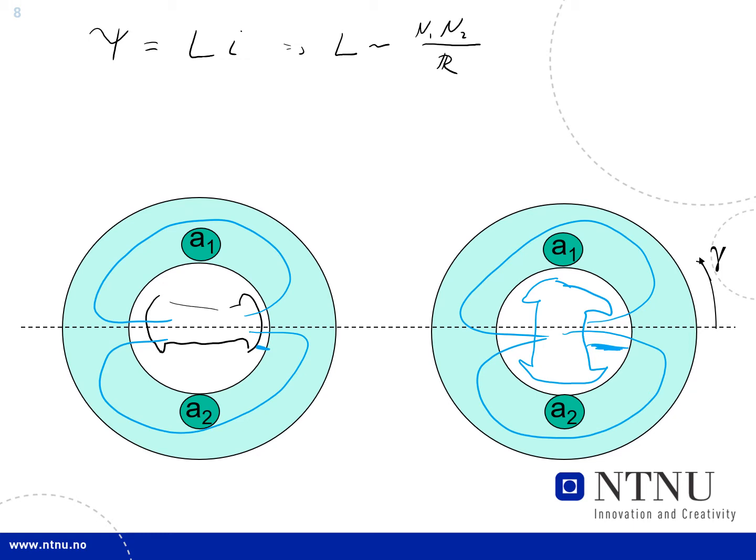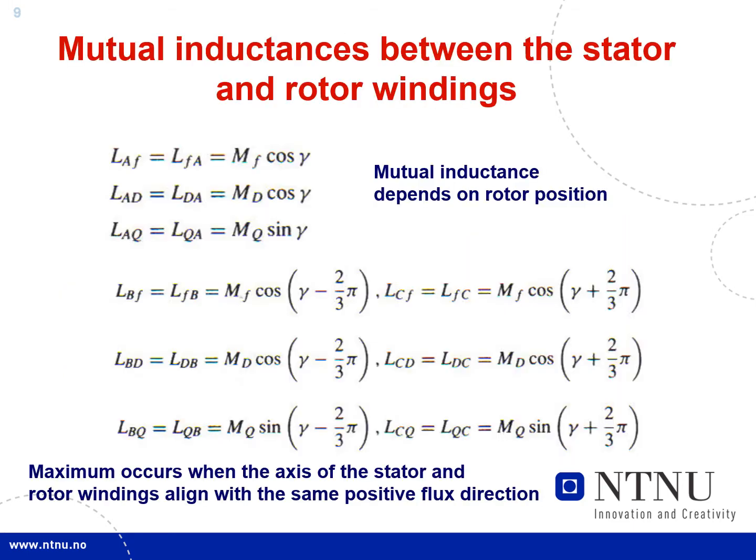Now, why it varies 2 times per rotation is, of course, because it doesn't matter which way the rotor is. It's just the position in a way. It's not the orientation of it.